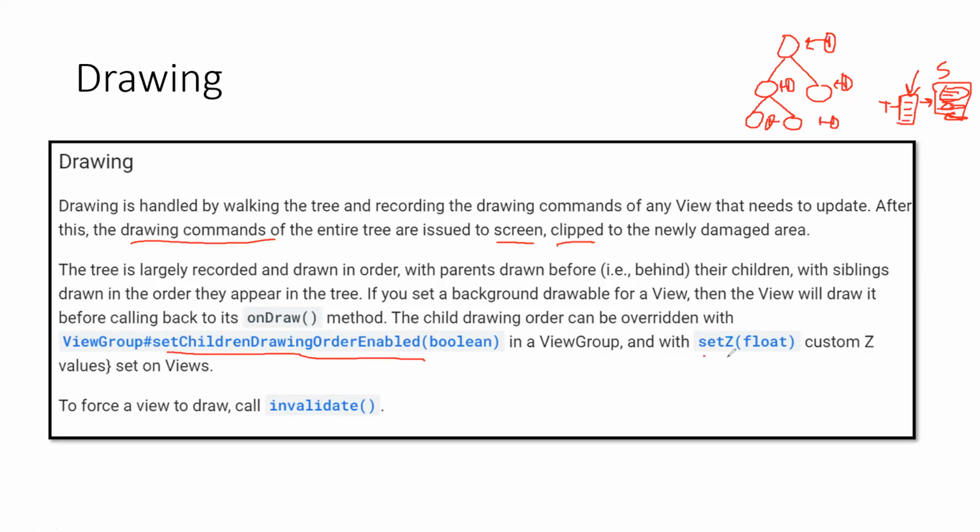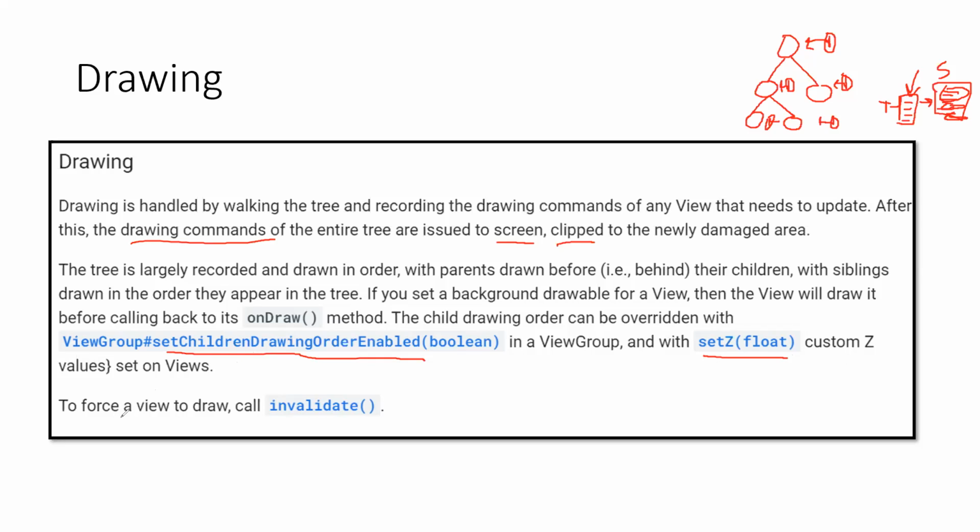You can also set the Z of a view. Z means the order in which things are drawn, what should be at the background and what should be the foreground. The position in depth is called Z here. You can set custom Z values on the view.